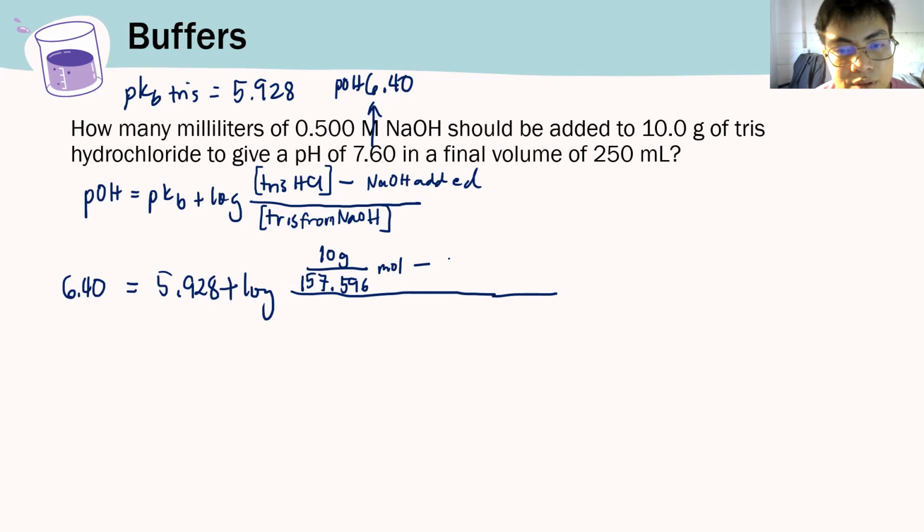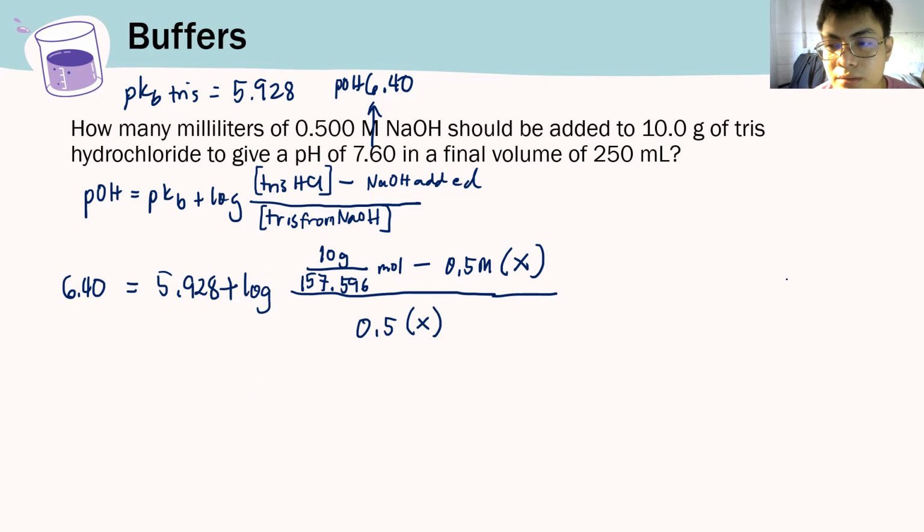So you have 0.5 molar times X volume in liters to get moles. It's the same at the bottom, because our Tris comes from the NaOH added. So you have an X, and we solve for the value of X.